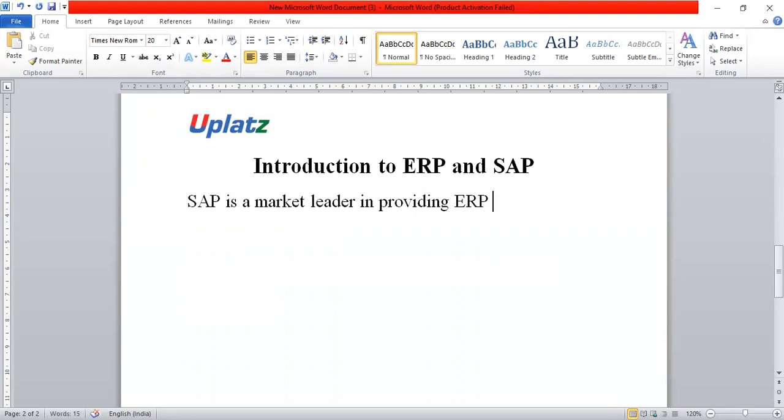So this SAP means this SAP SE. So SAP SE is a market leader in providing ERP solutions. There are so many companies which provide that ERP software. Among them, 80% of the business is carried by this SAP SE company.